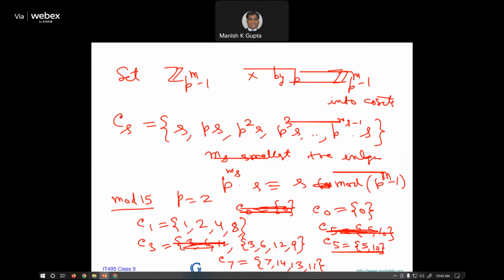Now I have to make the second cyclotomic coset. 0 has been taken care of. What is the next number in modulo 15? 1. So take C1. Multiply 1 with 2, you get 2. Again multiply with 2, you get 4. Again multiply with 2, you get 8. Everything is modulo 15. You need to keep in mind that 8 multiplied with 2, modulo 15, is 1. You are back. This is the cyclotomic coset containing 1.